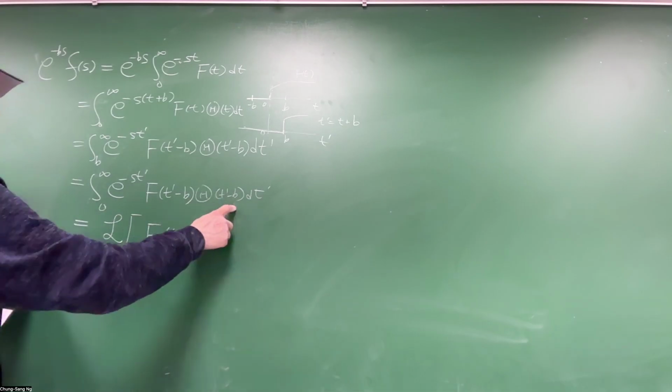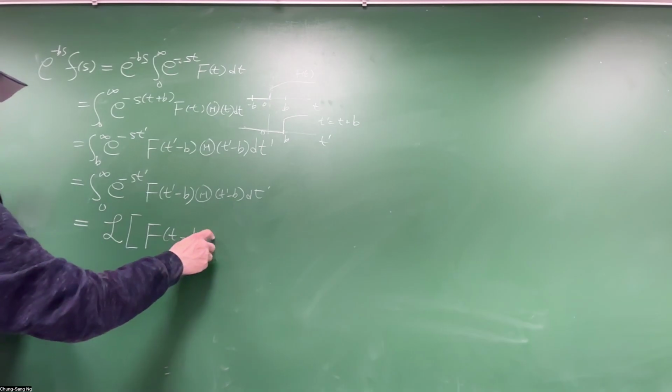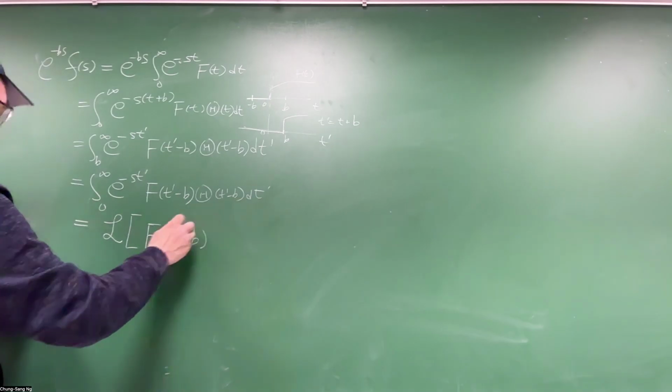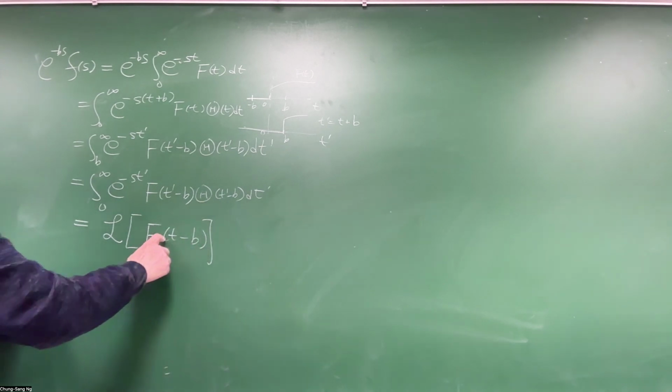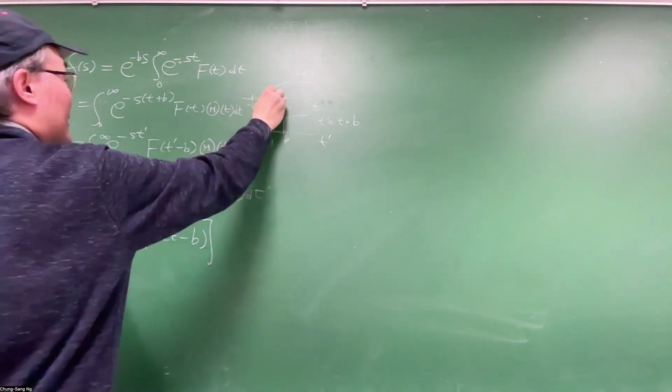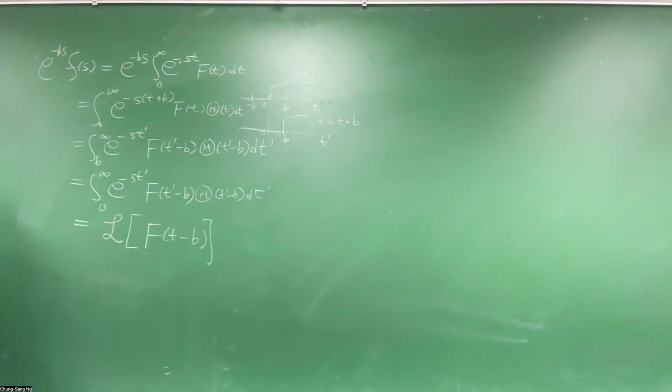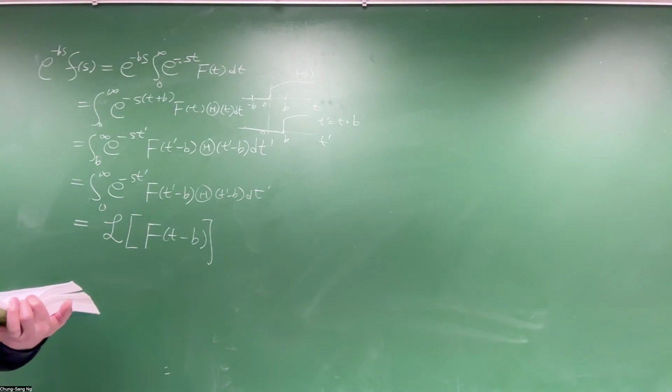You need to have the step function also, but if you don't include it, like in your textbook, it's just implicitly assuming that the original function is like that without explicitly multiplying by the step function. And you write it like that.